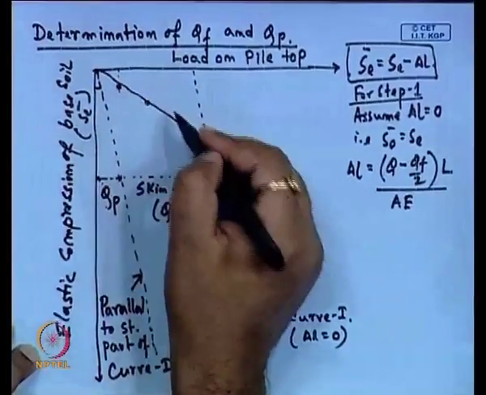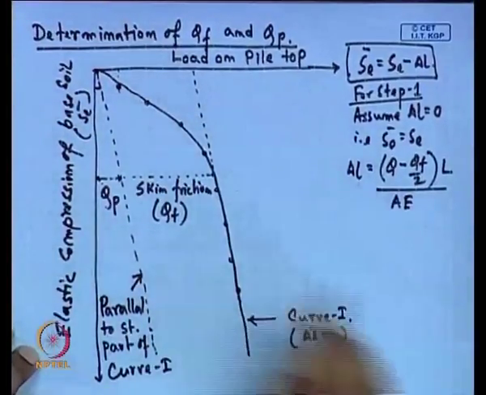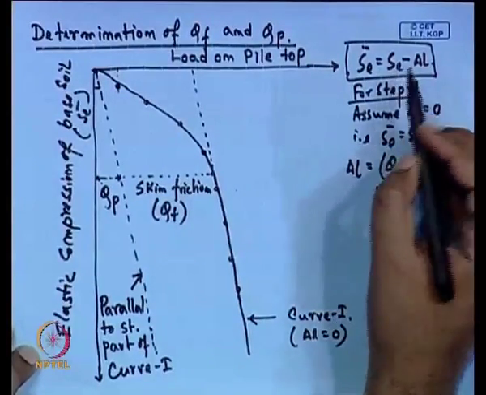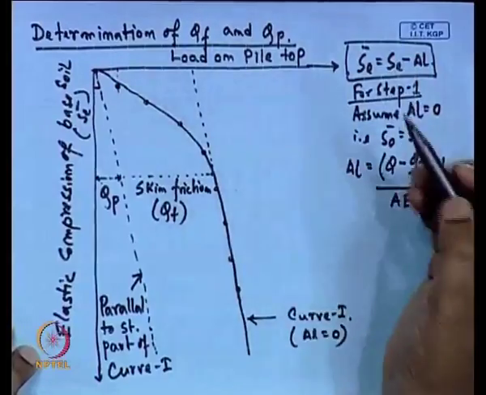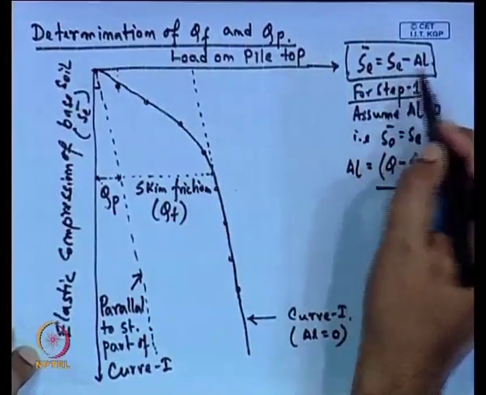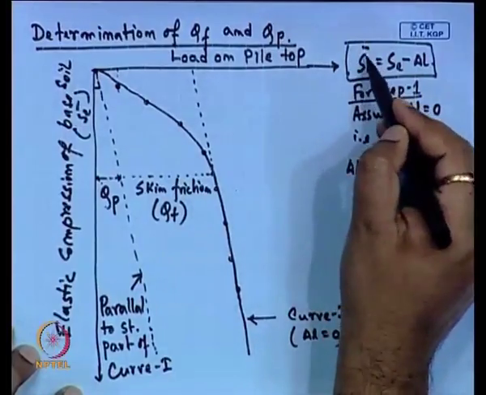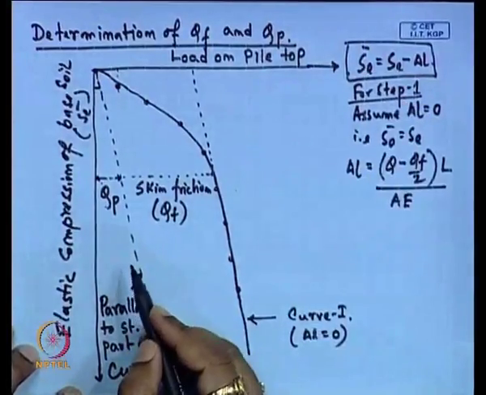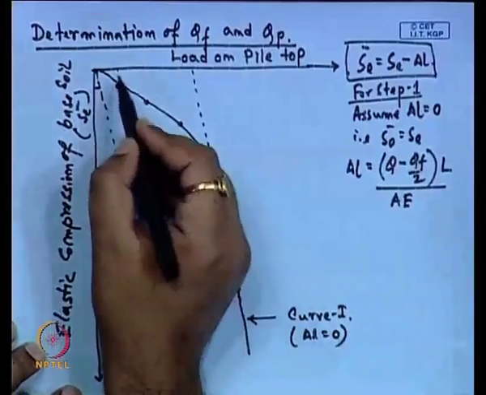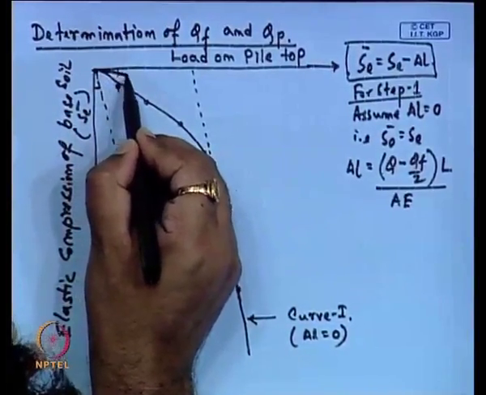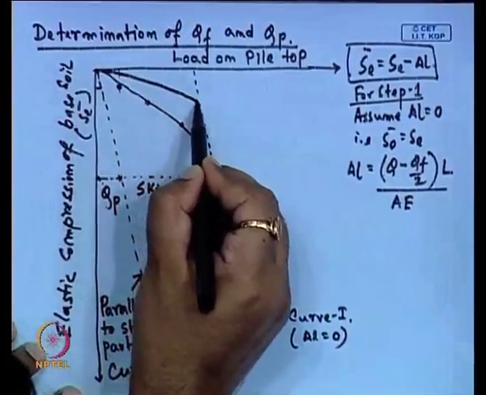So, for any loading increment, we will calculate the del L, and that del L we will put here, and AC we can calculate previously from the load displacement curve, the same as step 1. So, now we will get a new AC bar. Once we get a new AC bar, then we will draw another curve by using the new AC bar.